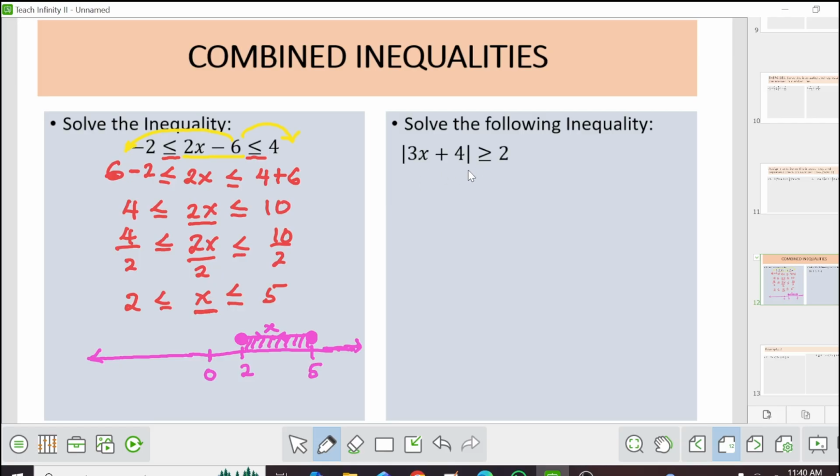With this is another form of inequality that's also very common in JAMB and in IGCSE, that's combined inequality. So we also have equations like this that you can come across, with absolute value.